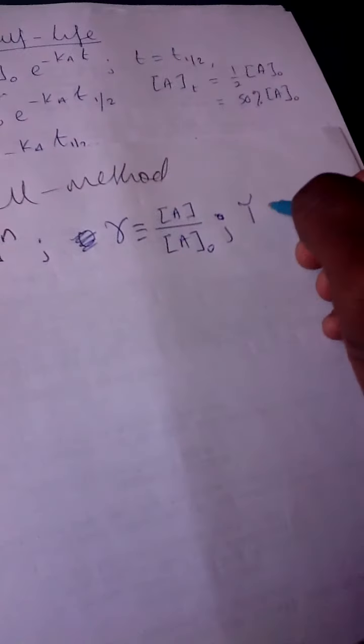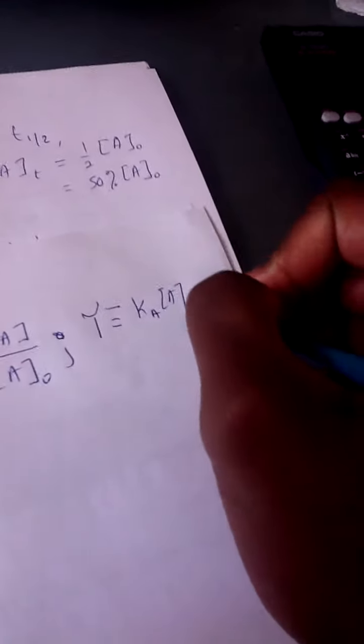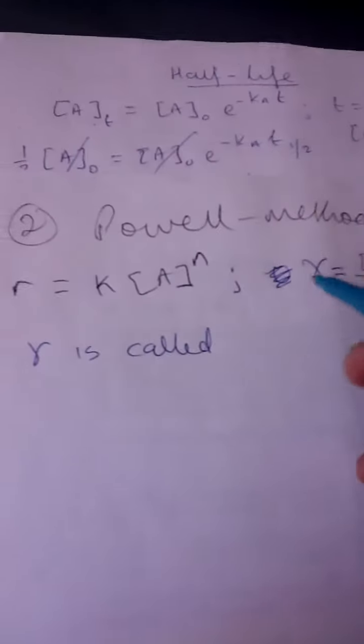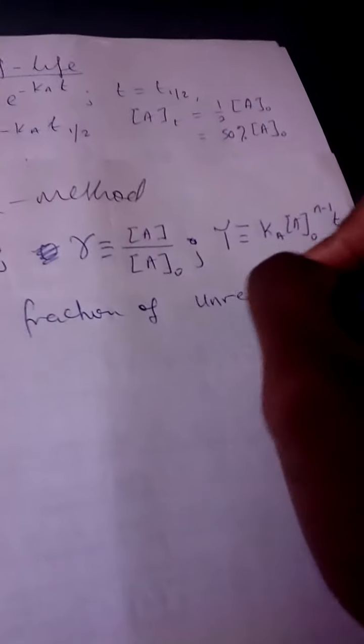Let's call lambda equals A over A0, and tau is defined as k A0^(n-1) t. Lambda is called the fraction of unreacted concentration of A.